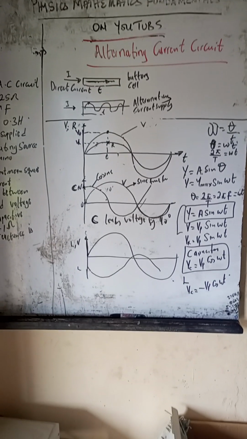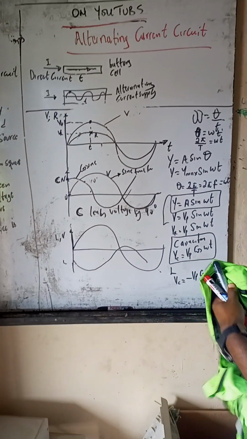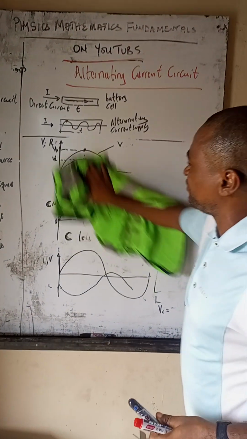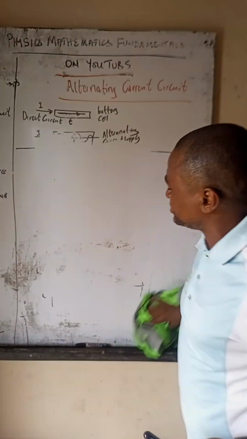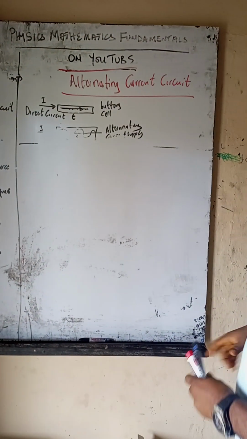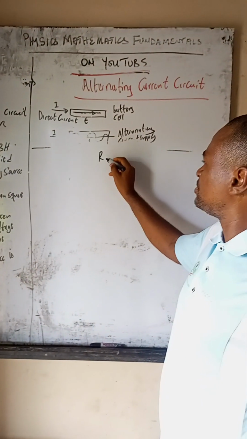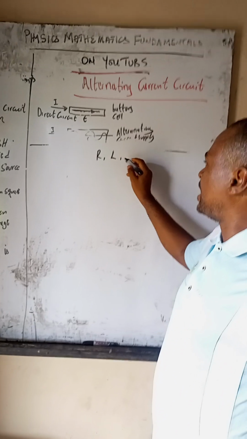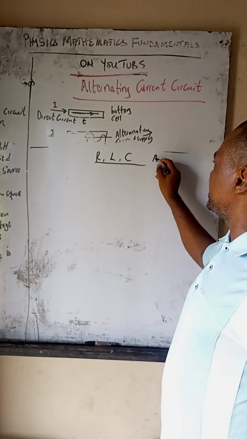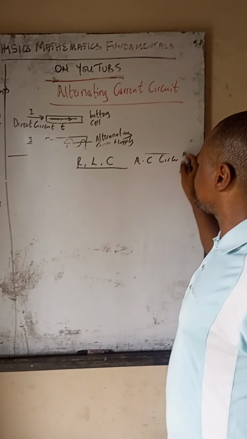So now, another thing I just want us to take note of before we solve an exercise under AC circuits is the relationship between resistor, inductor, and capacitor in an AC circuit.